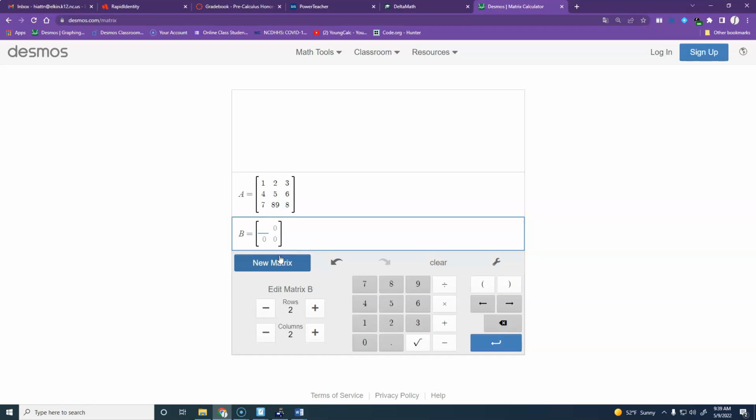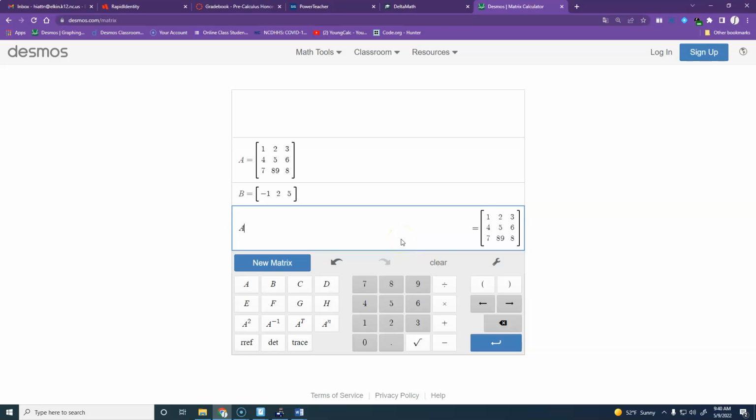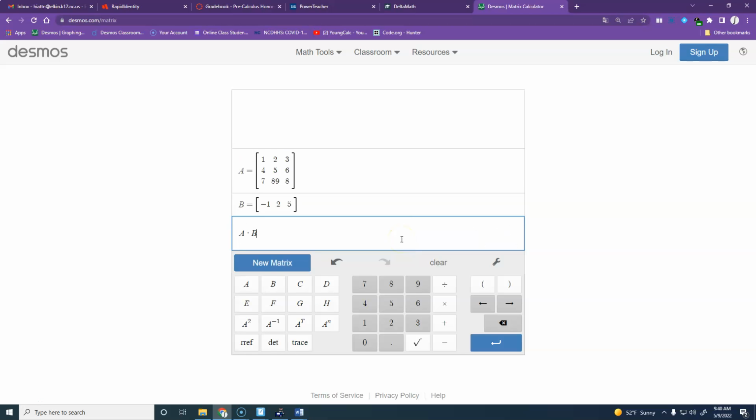And tell it a new matrix, let's do A 3, let's do 1 by 3, and then we could tell it A times B. No, B times A. A times B won't multiply. So you can do it this way as well.